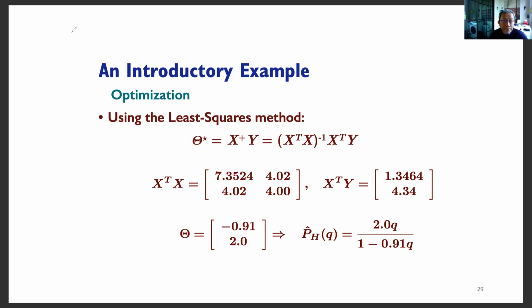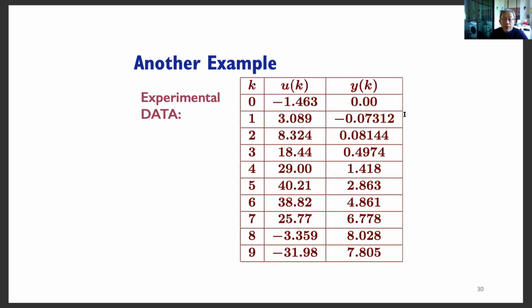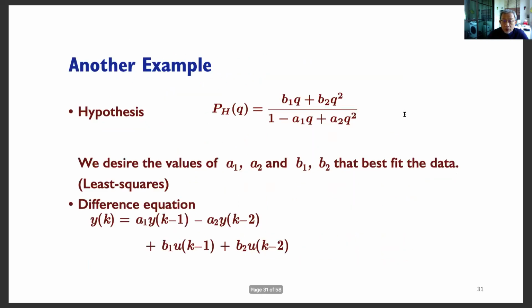So let's say we have a longer data, which is 9 samples, shown here, where input U and output Y. The hypothesis is we choose the model structure selection as a second order system: B1 Q plus B2 Q squared over 1 minus A1 Q plus A2 Q squared.